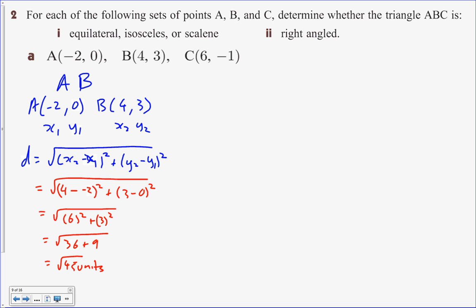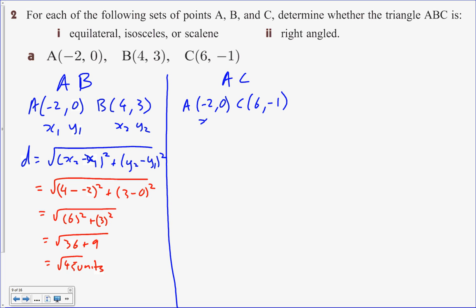So the next bit we need to do, we now need to work from A to C. So again, we're writing down, let's put a line down there, separate them out. So we're going to have A, which is -2, 0, and we're going to have C, which is going to be 6, negative 1. Again, label them, x1, y1, x2, y2.